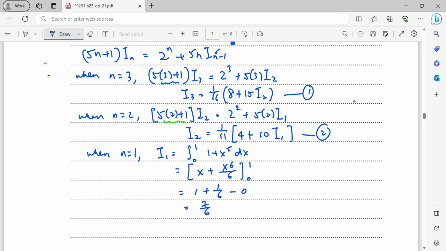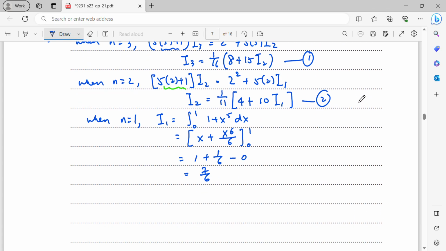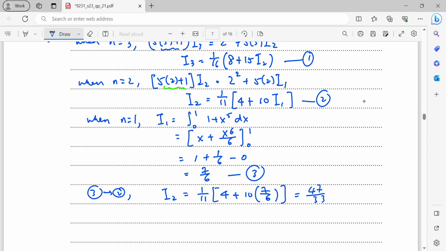Now I substitute this 7 over 6 into the second equation, then substitute into the first equation. Let me call this the third. Then I substitute the third into the second, which gives me I2. So now my I2 will be 1 over 11 multiplied by (4 plus 10(7 over 6)). When you calculate using a calculator, it will be 47 over 33. Then I will substitute into the first equation.